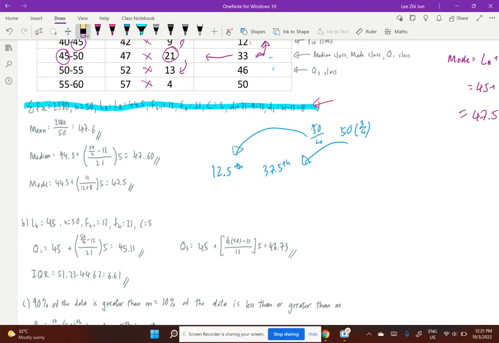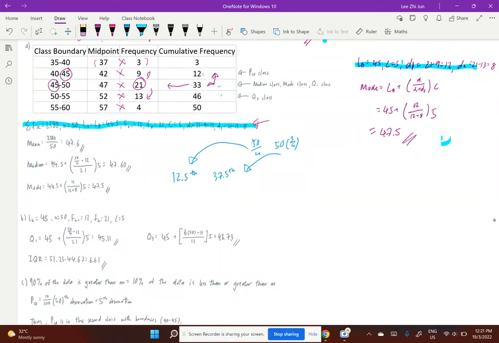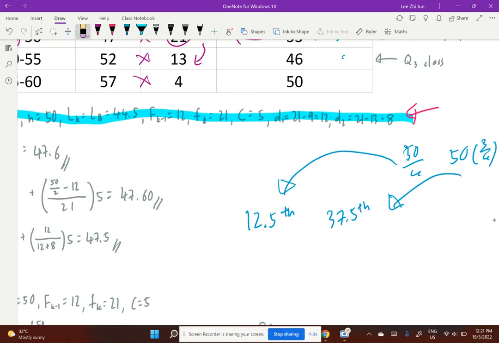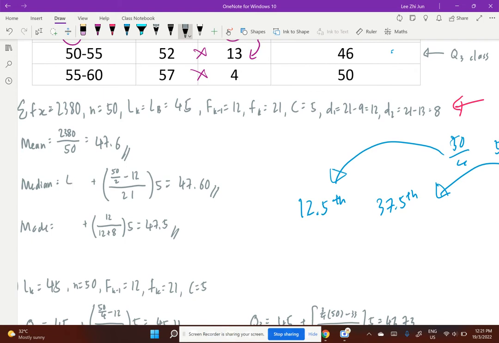I didn't notice that I had put 44.5, so I changed it to 45, because you can straight away use 45 as the boundary. Sorry, there's a mistake in the notes.